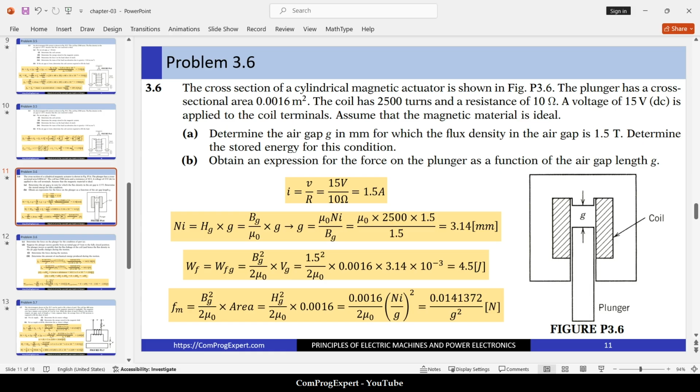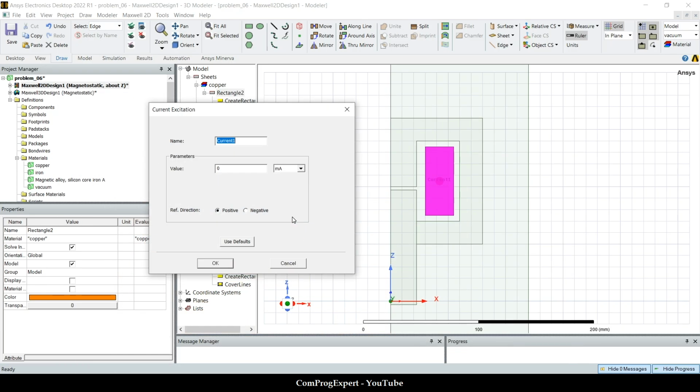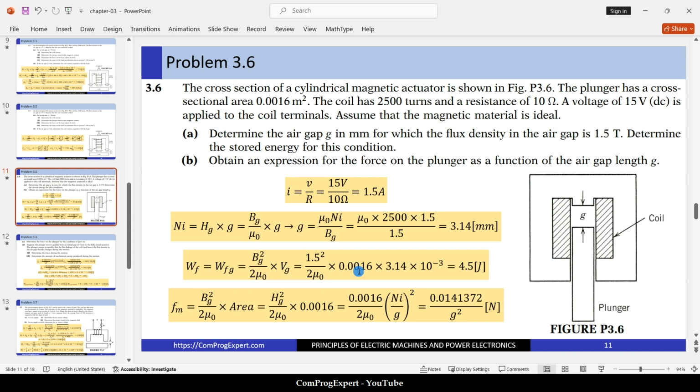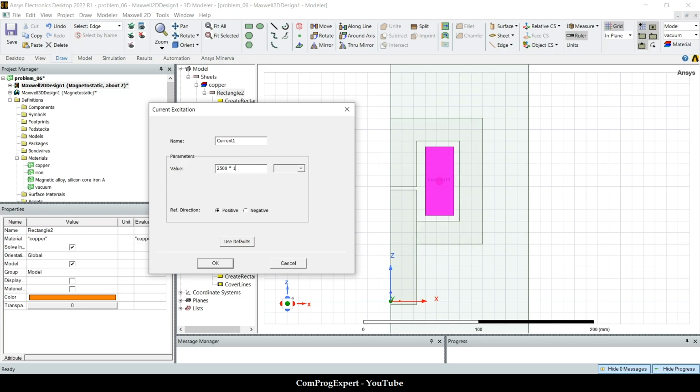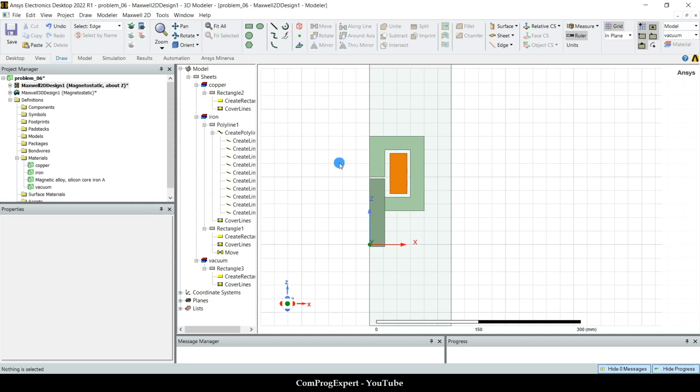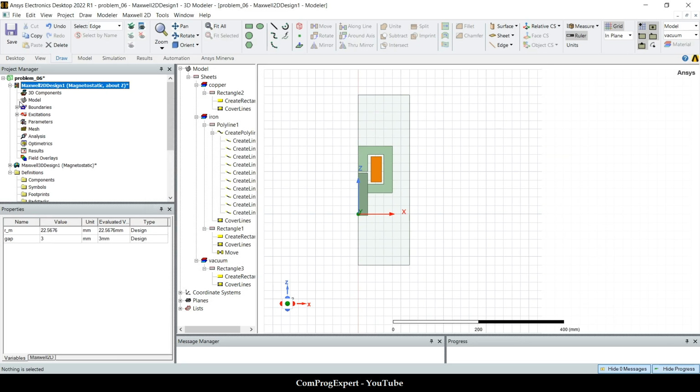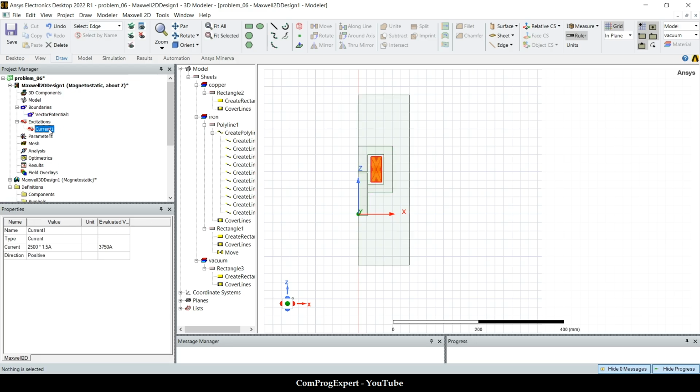The number of turns is 2500 times the value of the coil current, equal to 1.5. Yes, the DC voltage is given here, the resistance of the coil is given here, V divided by R. This is the value of the current, 1.5 amps. The direction of the current, positive. That's all. So we define boundary conditions, excitation.